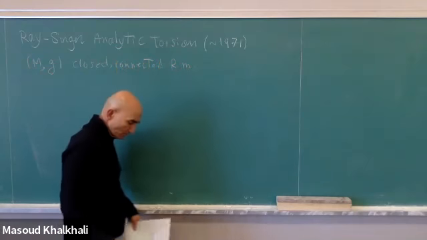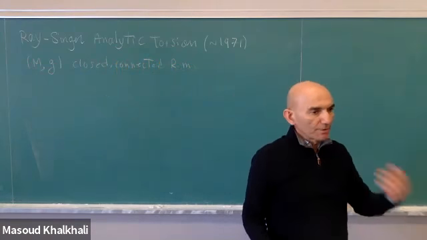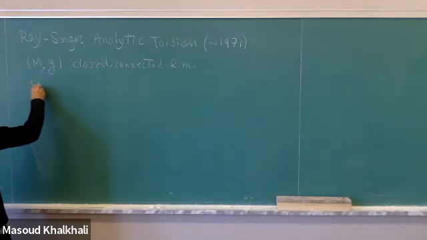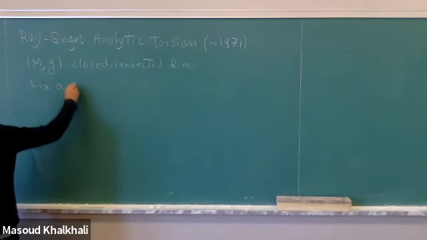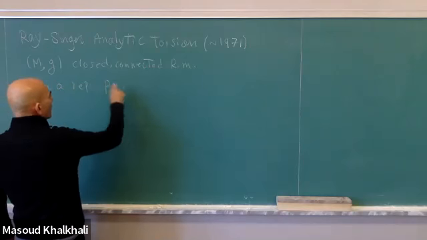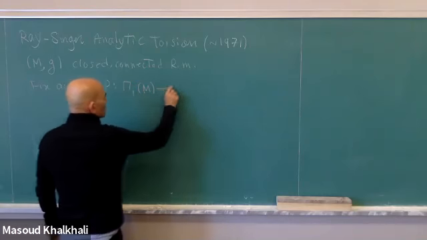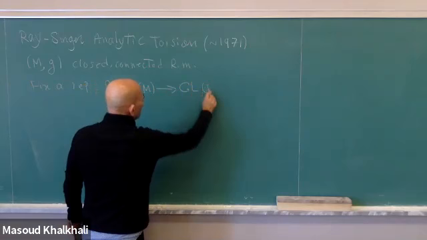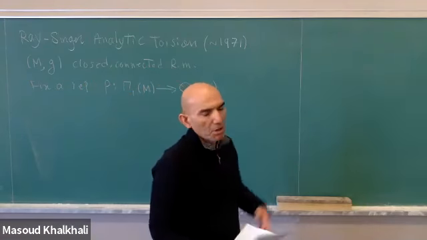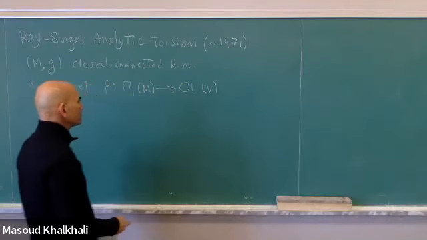Assume that you have a representation rho of the fundamental group of M to GL(V), where V is a finite dimensional, say, complex vector space. So this is a finite dimensional representation.